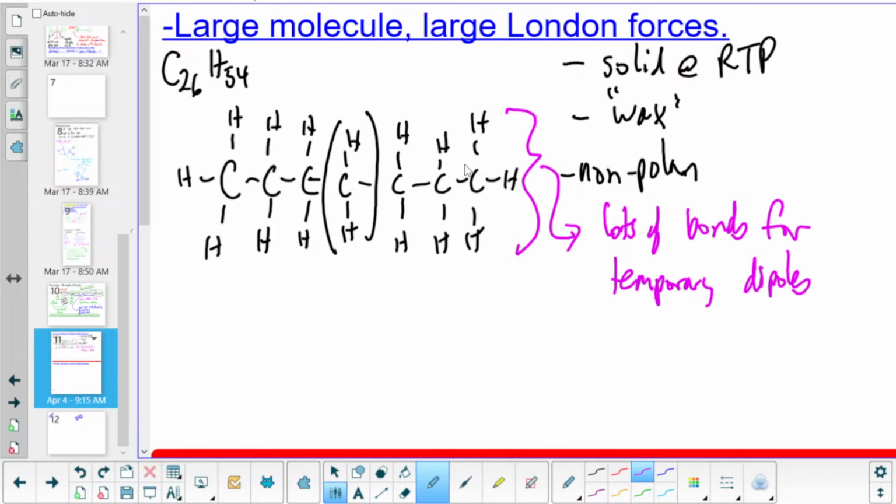And because there's lots of bonds, there are a lot of individual areas where we could say, oh, this is now slightly negative and this is now slightly positive, and maybe this area is slightly negative and this area is slightly positive. There's a lot of places for this to occur.